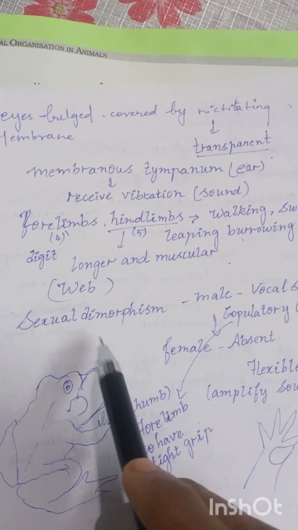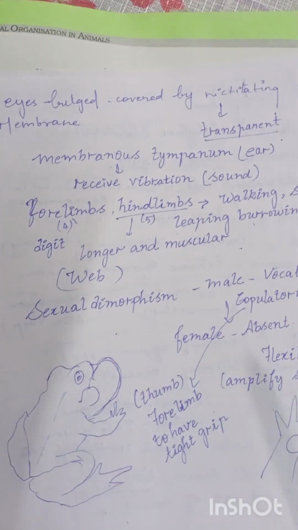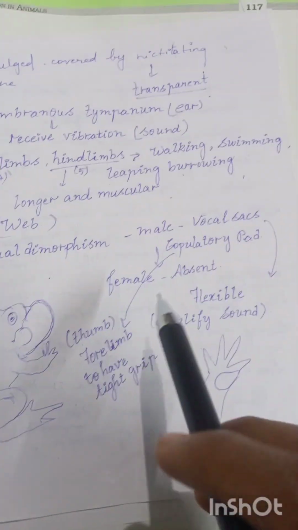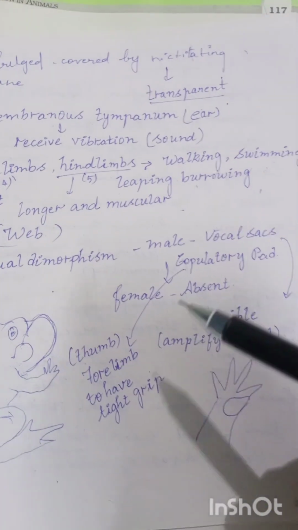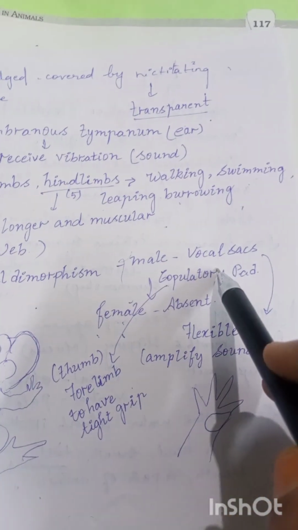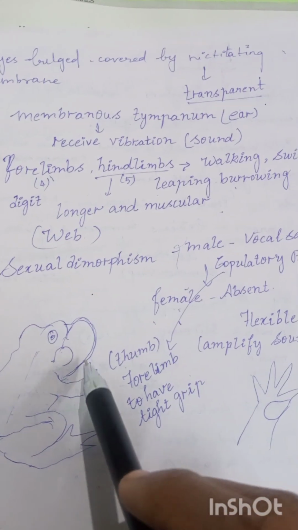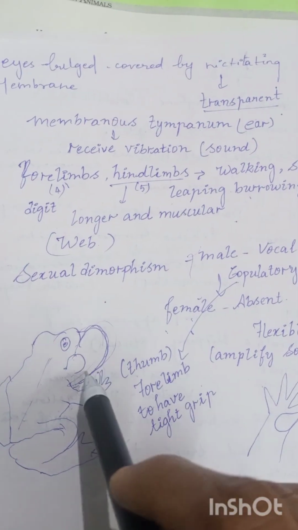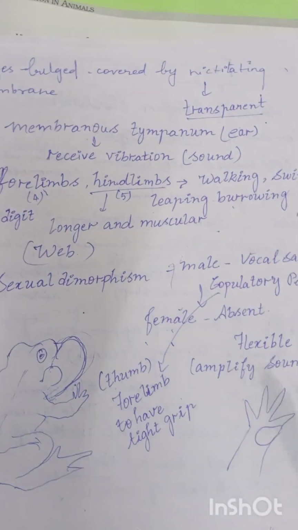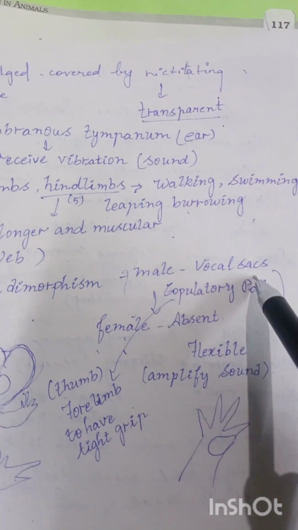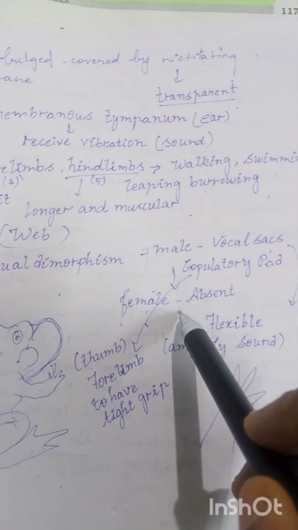Frog shows sexual dimorphism, that is, male and female are different organisms. So what differentiates male from female? The male has two things which the female lacks. One is the vocal sac. If you see here, a bubble-like structure will be projected out, and the frog usually makes a sound using that, and that is absent in the female.